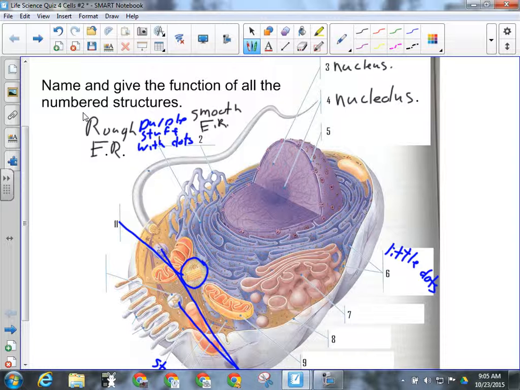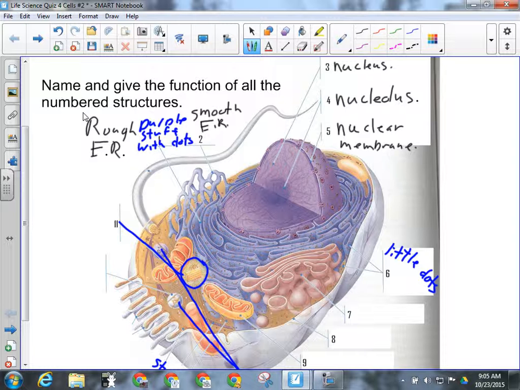All right, number 5. What's the outside of the nucleus called? Nuclear membrane. They may have written nuclear envelope as well. I don't really like that as much, but you can go with it. And the function of the nuclear membrane is essentially to allow RNA out, or allow copied DNA to get out.